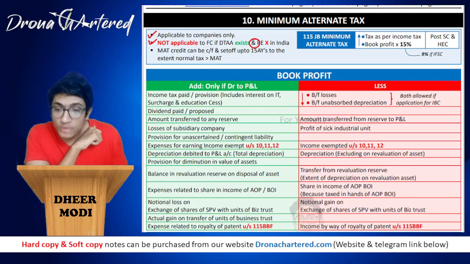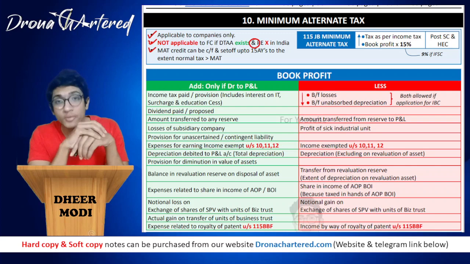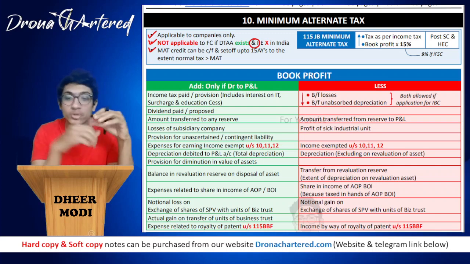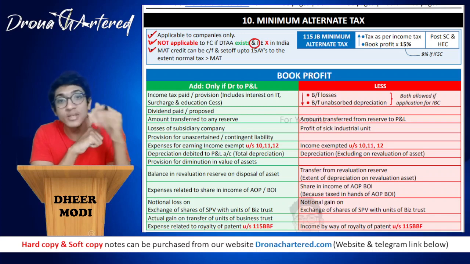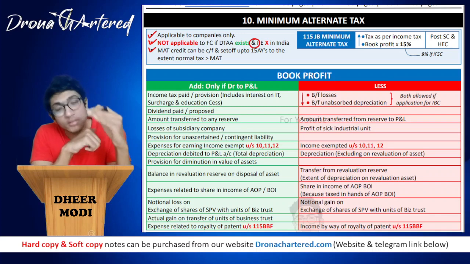Next, your MAT credit can be carried forward and set off up to 15 assessment years, to the extent your normal tax is greater than your MAT. The concept of MAT is that you have to pay some portion of your tax based on some calculation every year, even though as per normal tax that amount is much lesser.